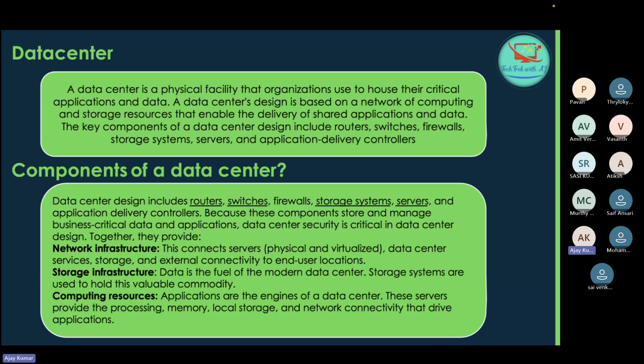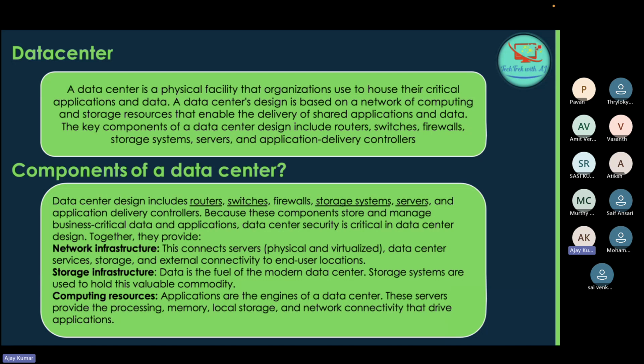And then there are computing resources. These are the engine of the data centers, and basically they provide processing, memory, local storage, and the network connection to drive applications. So computing means Windows servers, Linux servers, different types of OS. On top of it, you install any type of application, and on top of it, you connect with your database.